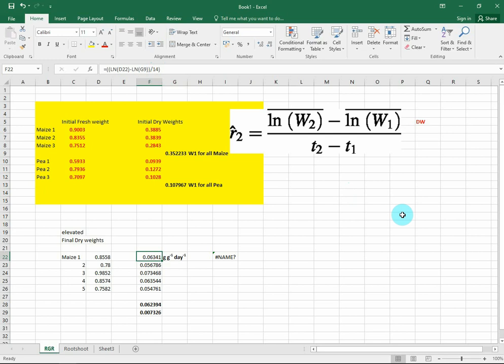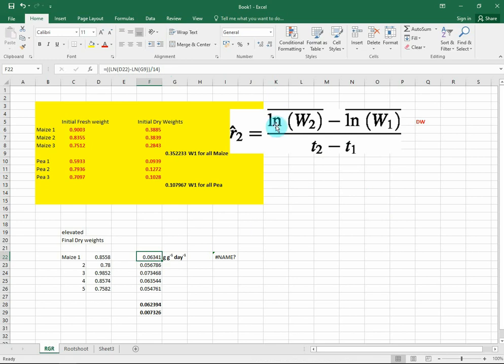And if the experiment ran over 2 weeks, it's 14 days. I can't remember. So you guys should have recorded it down. You should know. So please just bear that in mind. It might not necessarily be 14, but essentially this would be the number of days that the experiment ran for. So T2 will be the final number of days, and T1 will be the first day, which would be 0.